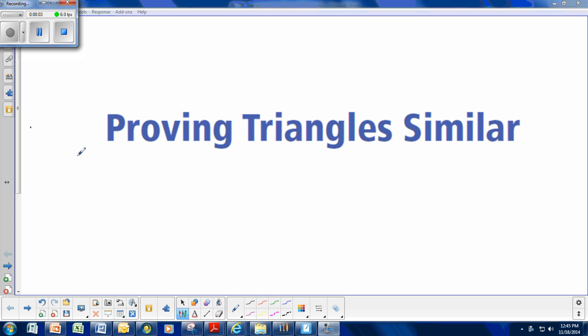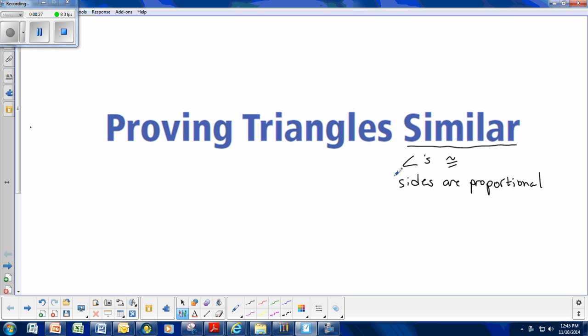In this lesson, we're going to discuss how to prove that triangles are similar. Now remember, similar means basically same shape but different sizes, okay? And the angles are congruent, but the sides are proportional, okay?